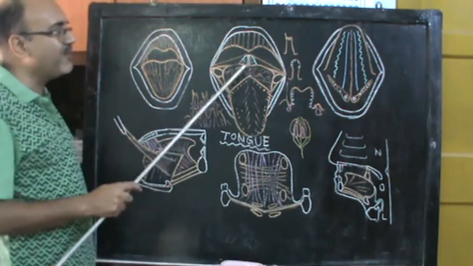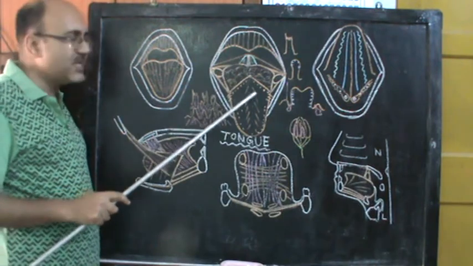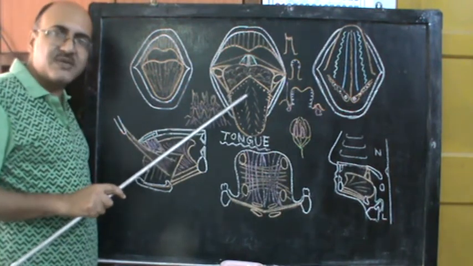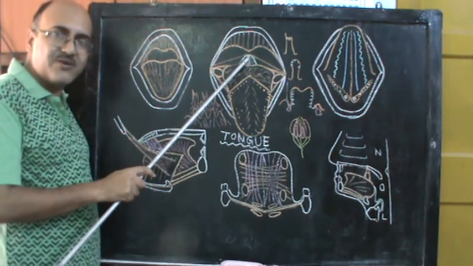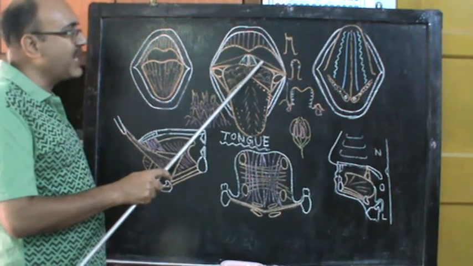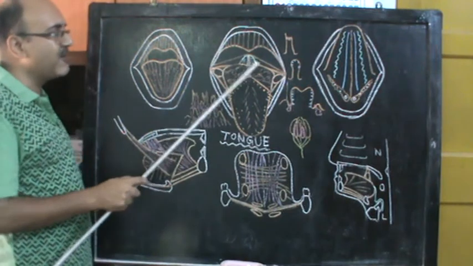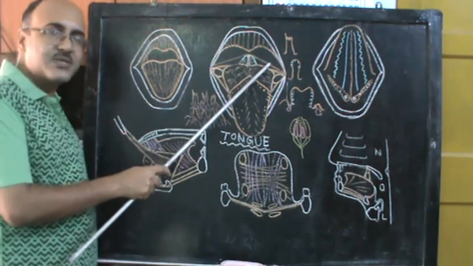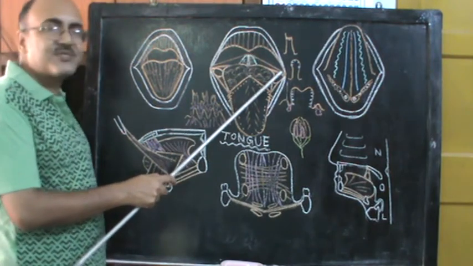And you know that when you open your mouth wide and look inside with a torch, particularly if you use a tongue depressor to depress the tongue, you can very well see the tip of the epiglottis and the medial glossoepiglottic fold, and from the sides you can make out the lateral glossoepiglottic fold. Now the lateral glossoepiglottic folds are not actually going between the tongue and the epiglottis, they are going from the epiglottis to the pharynx.